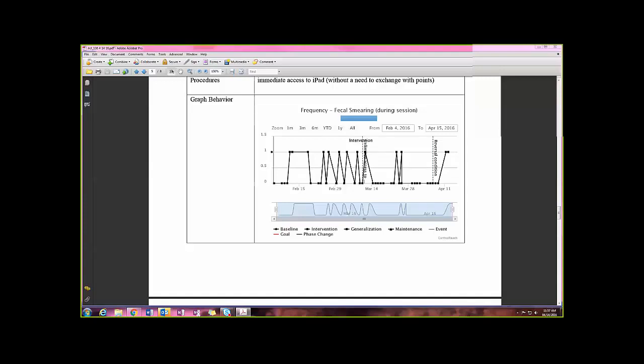And now when we go back into the baseline, we remove our 3 interventions. The monitoring, we removed the access to FLARP and the reinforcer of the iPad, which is kind of his highest reinforcer available.